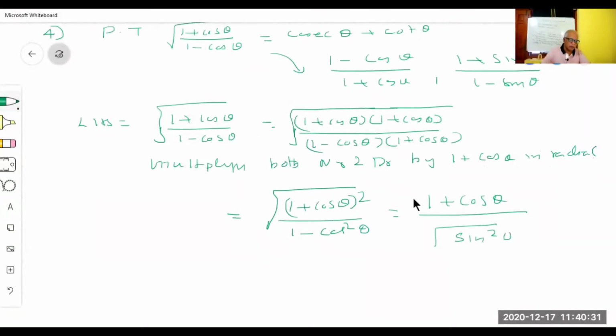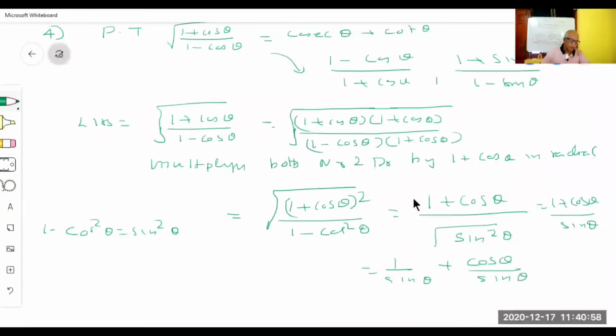We know the formula, 1 minus cos square theta is equal to sin square theta. We apply that formula there. You get 1 plus cos theta by sin theta. Split and write 1 by sin theta plus cos theta by sin theta.